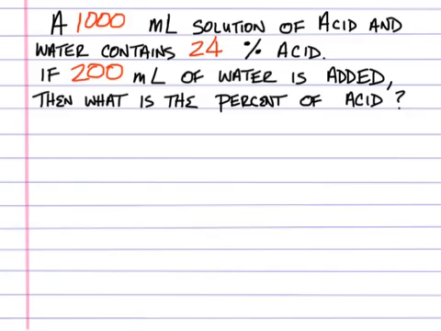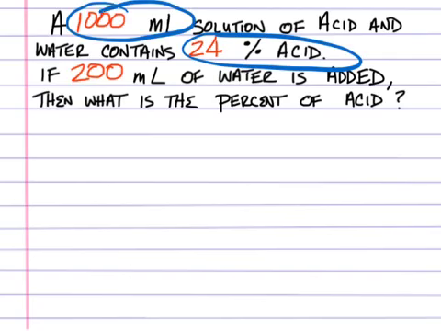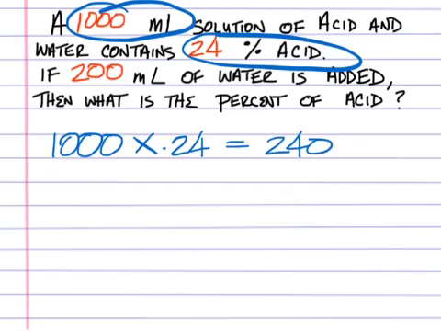Practice number 2. A 1,000 milliliter solution of acid and water contains 24% acid. If 200 milliliters of water is added, then what is the percent of acid? The solution for the practice problem, let's find out how much acid we have in milliliters. 1,000 times 0.24 will give me 240. We're adding 200 to the 1,000.